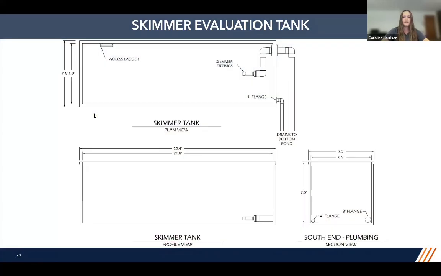The depth of the skimmer tank is about 7 feet, and the approximate volume is about 1,053 cubic feet. This tank features 2 flanges at the bottom of the south wall, an 8-inch and a 4-inch flange, where water is able to be discharged. And all of our skimmers that were tested were installed on the 8-inch flange.